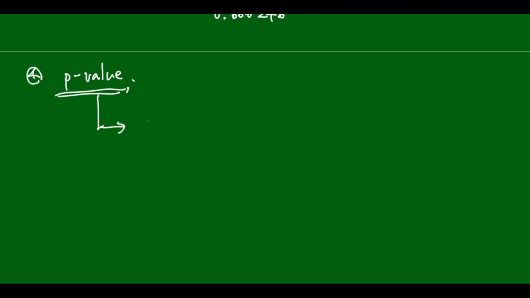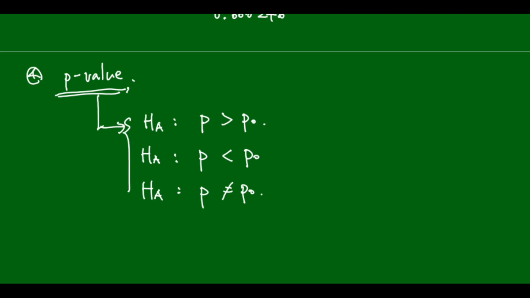Let's say our alternative hypothesis looks like this, something is less than p naught, or something is greater than p naught.